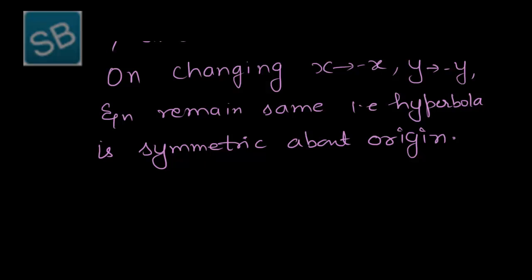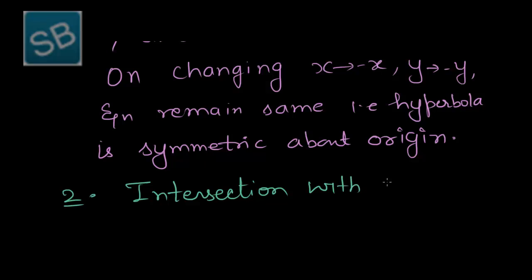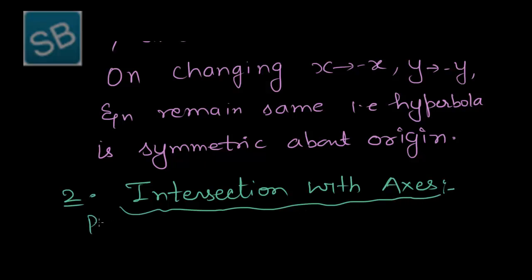Now the second one, that is intersection with axis. Put y is equal to 0, we get x square over a square is equal to 1.